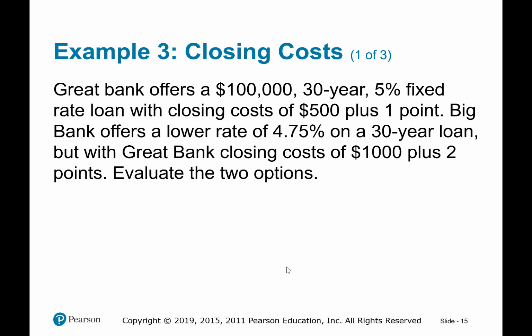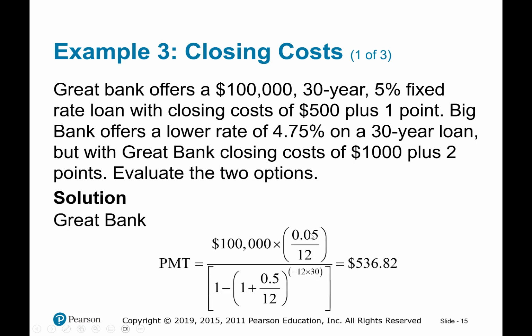Okay. And evaluate the two options. So we're going to look at the two options and decide which one is the better option. So is it better to pay the higher interest rate or the lower interest rate with the higher closing costs? Let's evaluate. So again, what we're going to want to do is figure out what our payment amount is going to be for each option.